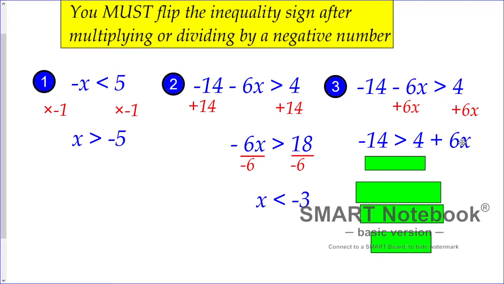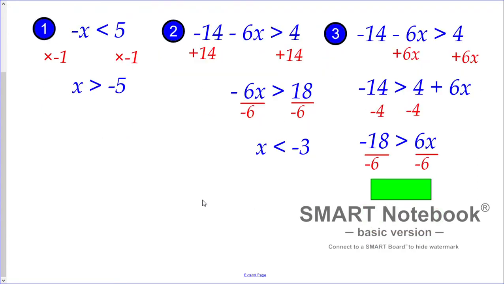Now we're going to keep solving it the old-fashioned way. We're going to subtract 4 from both sides. -14 minus 4 is -18. -18 is greater than 6x now. And lastly, we're going to divide by 6.